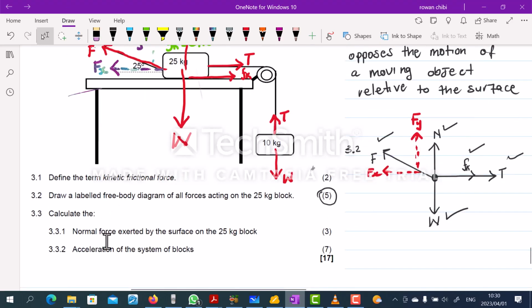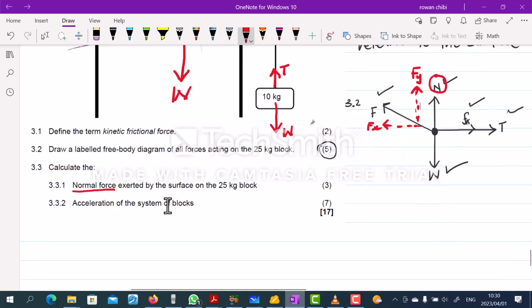Calculate the normal force exerted by the surface on the 25 kg block. Now they want us to find the value of the normal force.